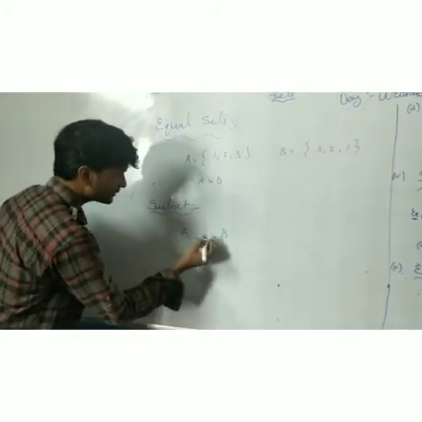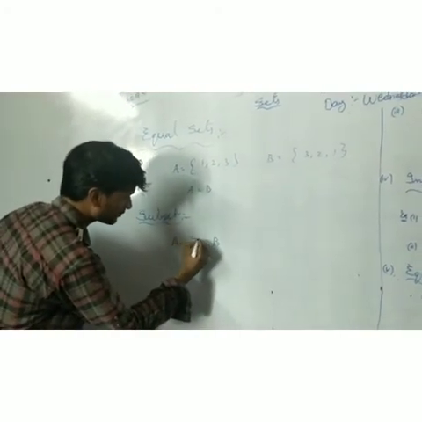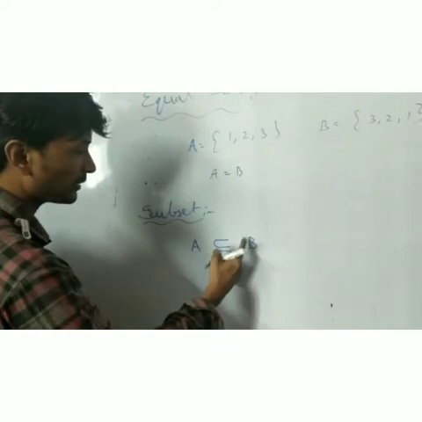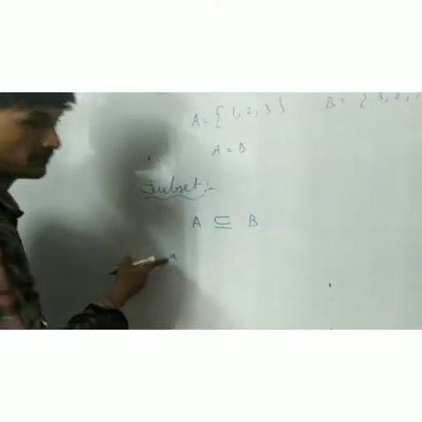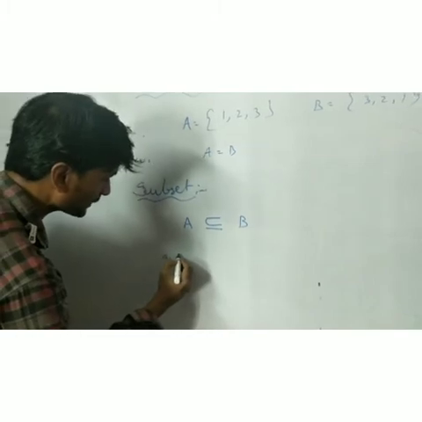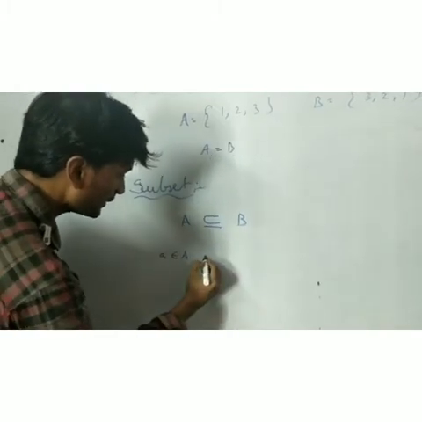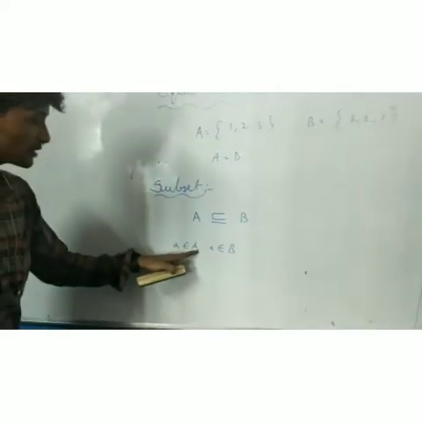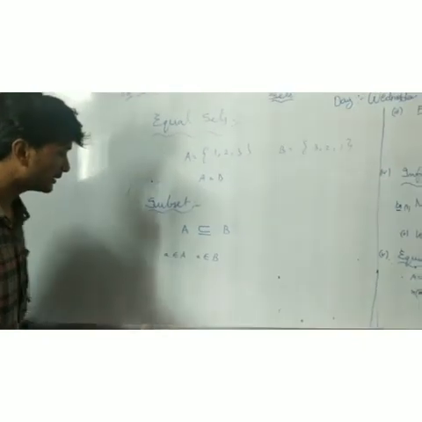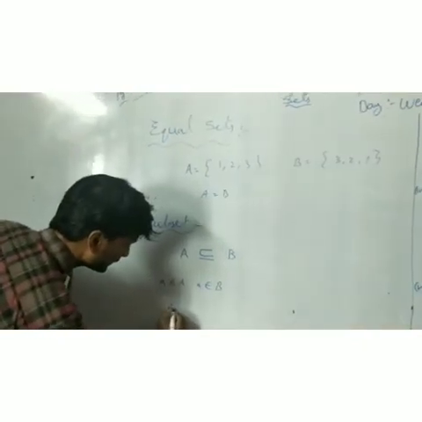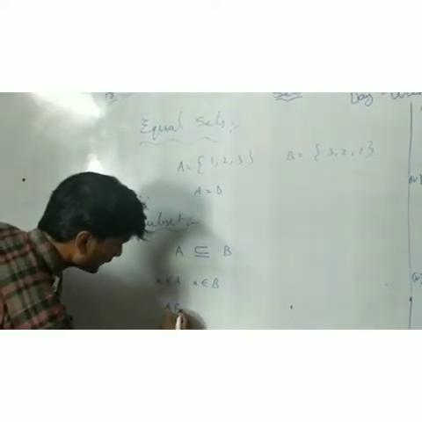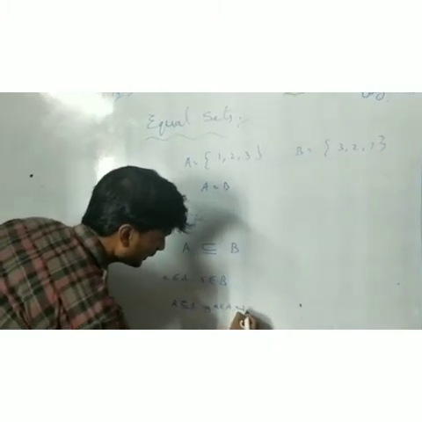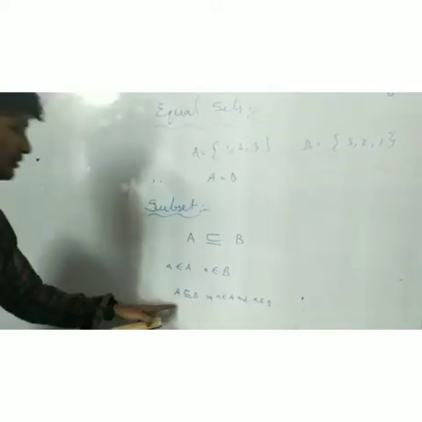So A is a subset of B. A is a subset of B means we can indicate it like that: A subset or equal to B. For example, a is one element. a belongs to A, and a also belongs to B. One element belongs to A and the same element belongs to B. Then A subset or equal to B implies a belongs to A and a belongs to B. So we can indicate like that.